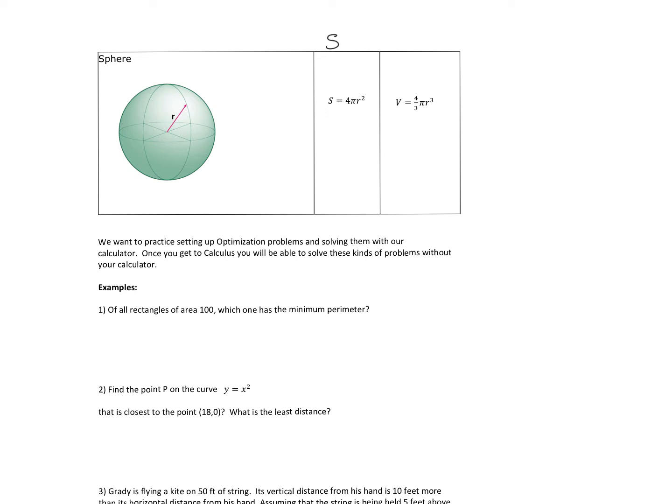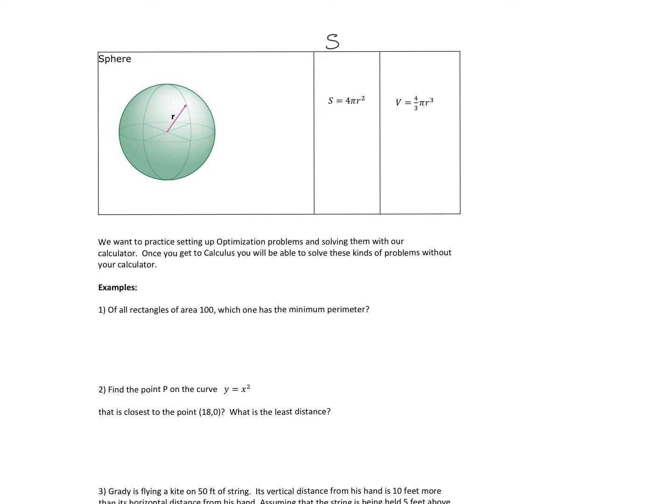So what we want to do is practice setting up optimization problems and just solving them with our calculator. Once you get to your calculus class, you're going to have other methods to solve these without your calculator, but right now I want to focus on setting these up. So there are a couple things that we should do.